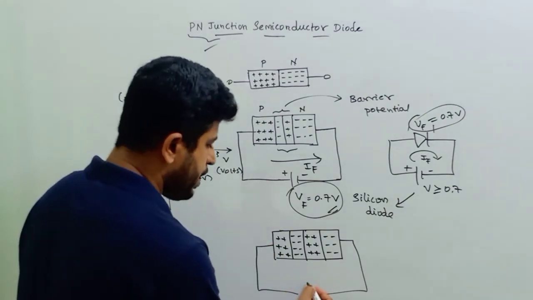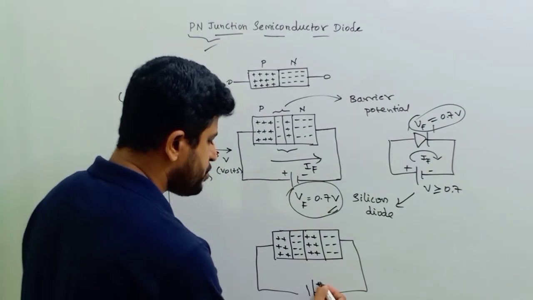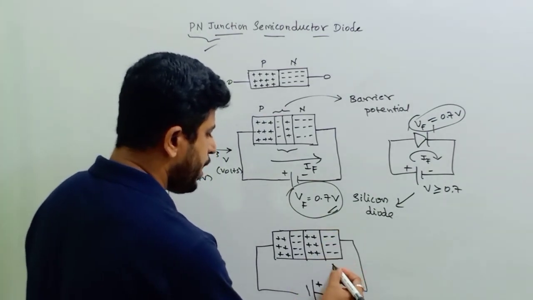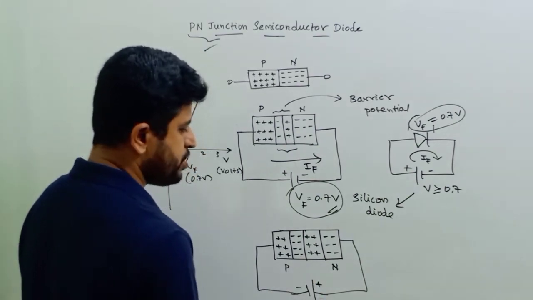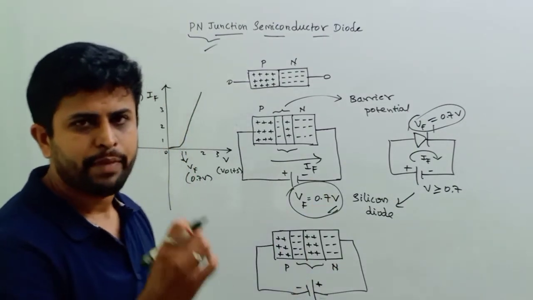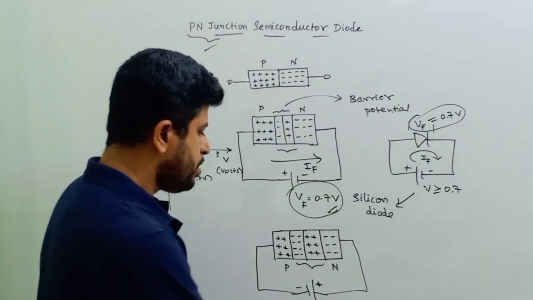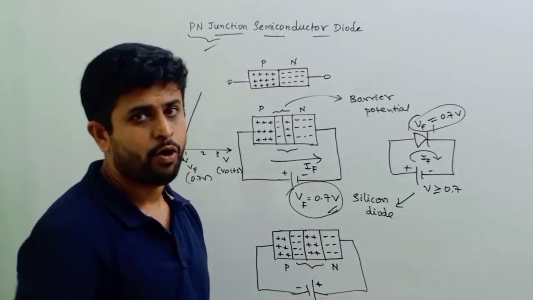To reverse bias, I need to just reverse the terminals of the battery. So plus should be connected to N here and minus should be connected to P region. As you can see here, the width of the depletion layer I am expanding. Why? Because we have connected the supply voltage in reverse order.